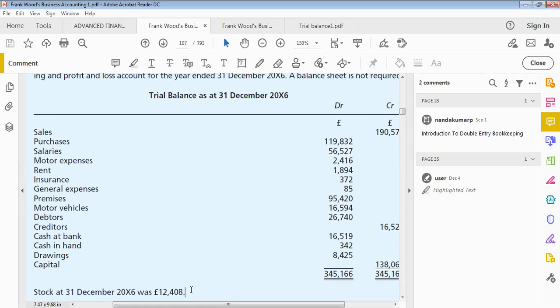Good. Now, under your liabilities you'd have creditors, which is your current liability in this case. All right? So let's go. The first thing we start with is your title.